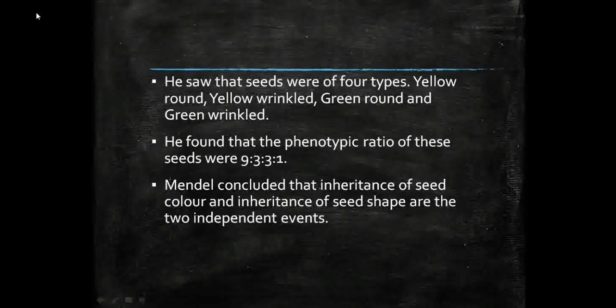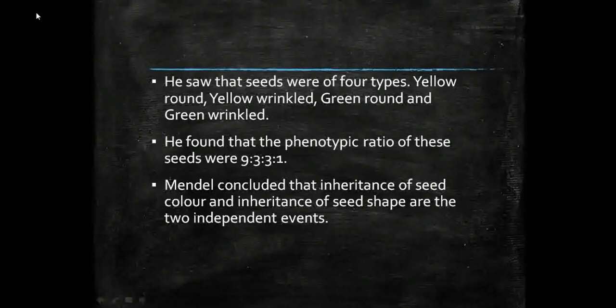One type was yellow round, another yellow wrinkled, third green round, and fourth green wrinkled. He found that the phenotypic ratio of these seeds was 9:3:3:1.